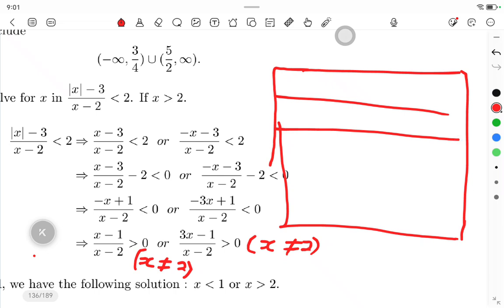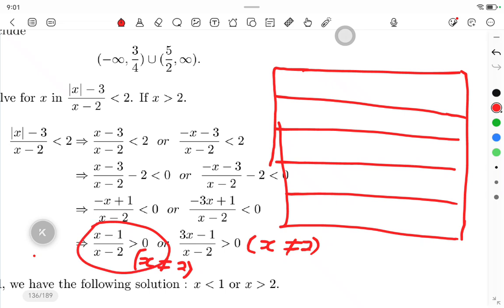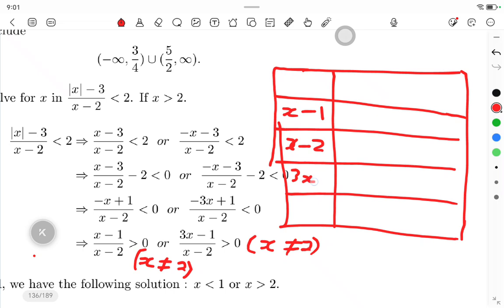So we can do this. Here now we have two different things, right? To make them fit, we can start with the x minus 1 there. Then we come to the x minus 2. Is that right?